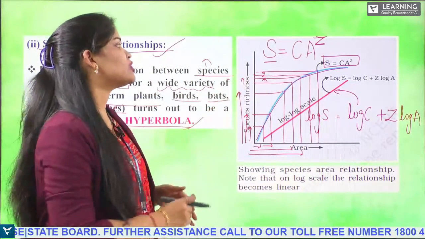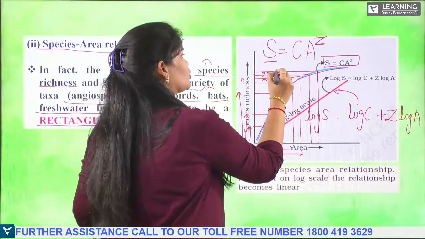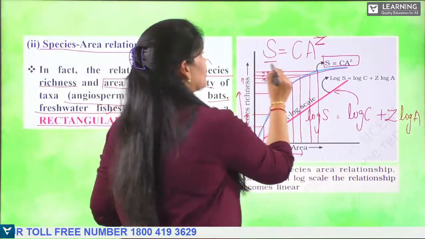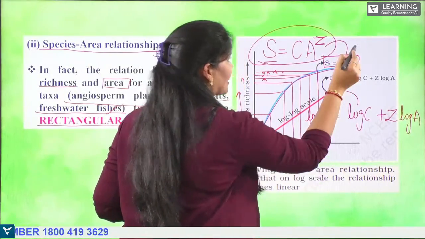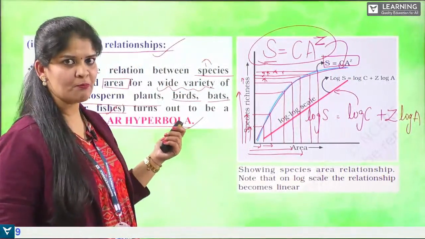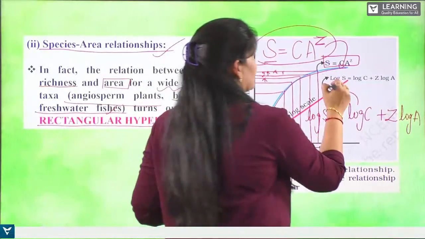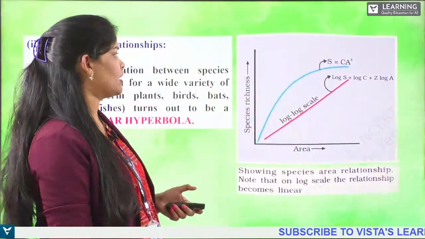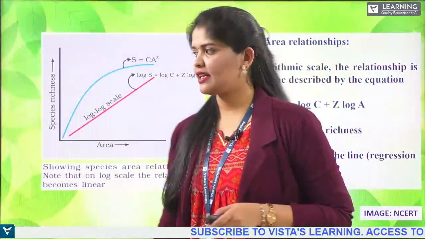Now, as this is very difficult to demarcate and differentiate, the equation given for this rectangular hyperbola was converted to a straight line, right? Why have they given a straight line?